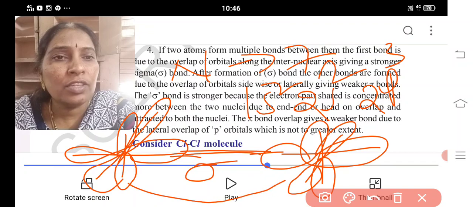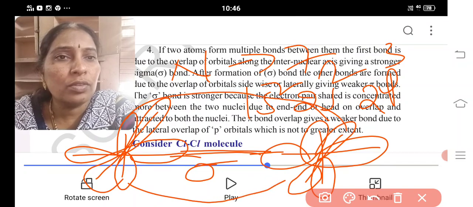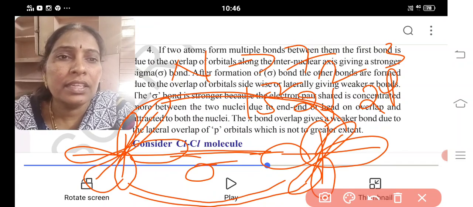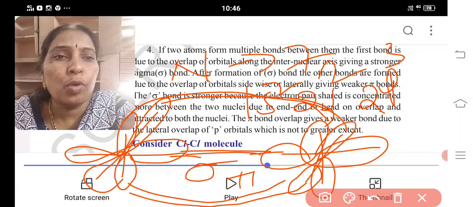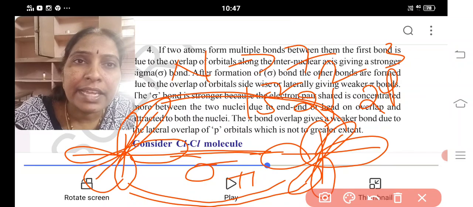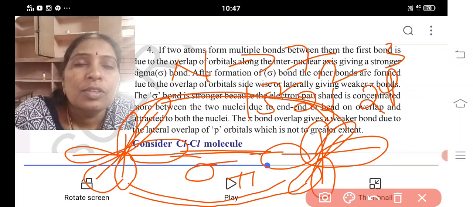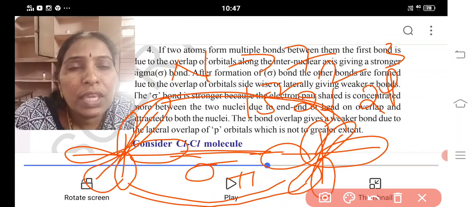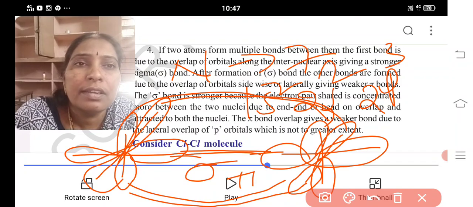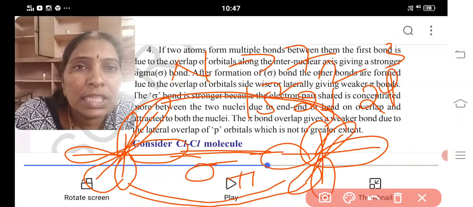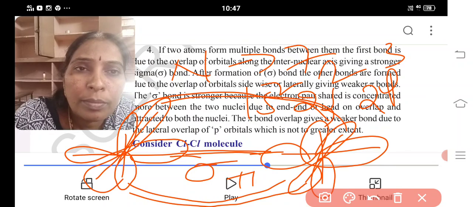Here it is side to side, and this one is also side to side. As the overlap is side to side, or sidewise, it leads to a pi bond. As it is side to side, the extent of overlap is less, so the bond will be weaker than the sigma bond. Clear? You will always be asked to write the difference between a sigma bond and a pi bond. How is the sigma bond formed?